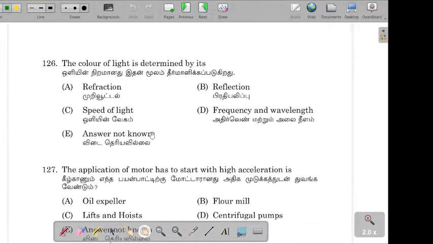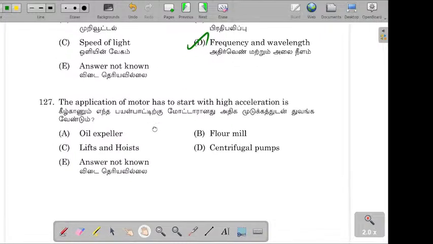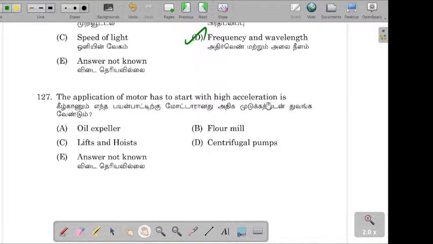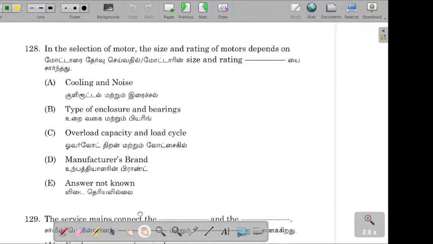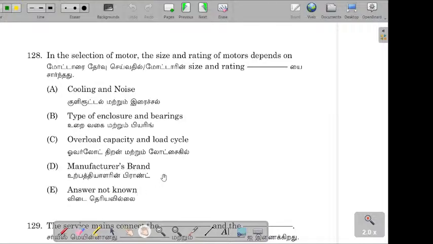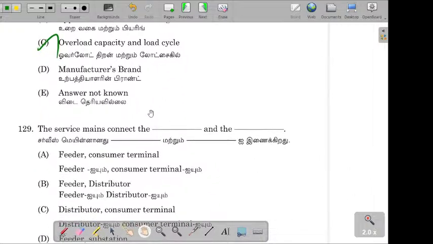The color of light is determined by its frequency and wavelength. The application of motor which has to start with high acceleration is lifts and hoists. In the selection of motor, the size and rating of motor depends on overload capacity and load cycle.